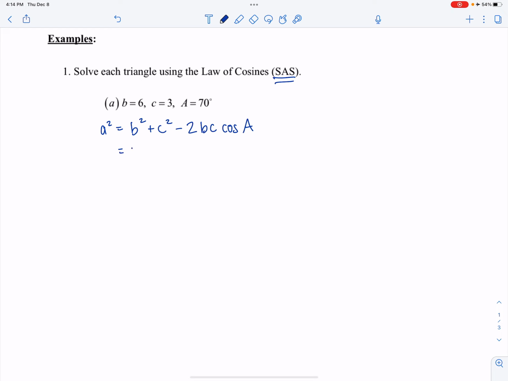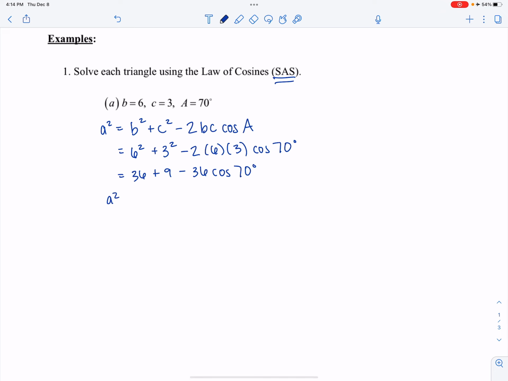We have 6 squared plus 3 squared minus 2 times 6 times 3 cosine of 70. This is 36 plus 9 minus 36 cosine 70.